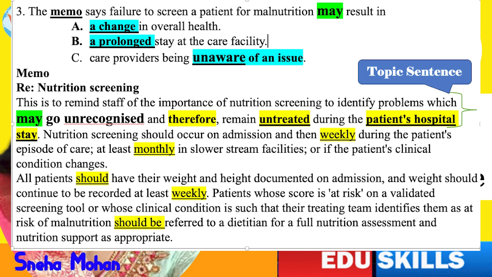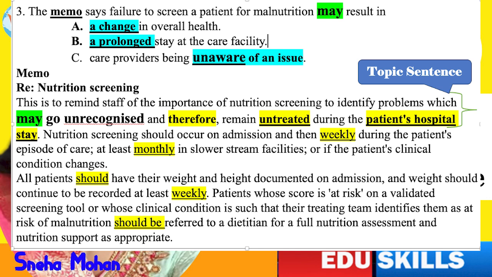This is to remind staff of the importance of nutrition screening to identify problems which may go unrecognized and therefore remain untreated during the patient's hospital stay. Nutrition screening should occur on admission and then weekly during the patient's episode of care, at least monthly in slower stream facilities, or if the patient's clinical condition changes.